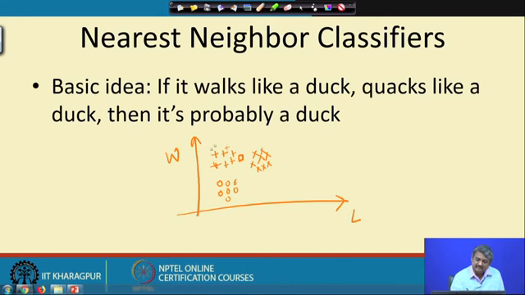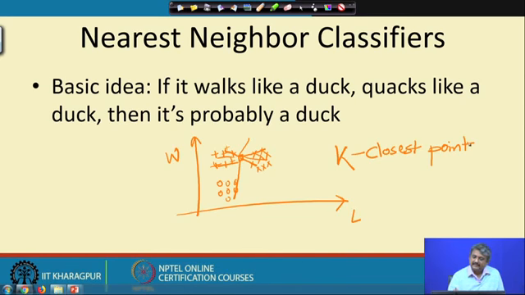I sort the training points in order of how far they are from this new point. Some will be close, some will be far. And I take among these the top k closest points to the new point, which have the shortest distance to it.